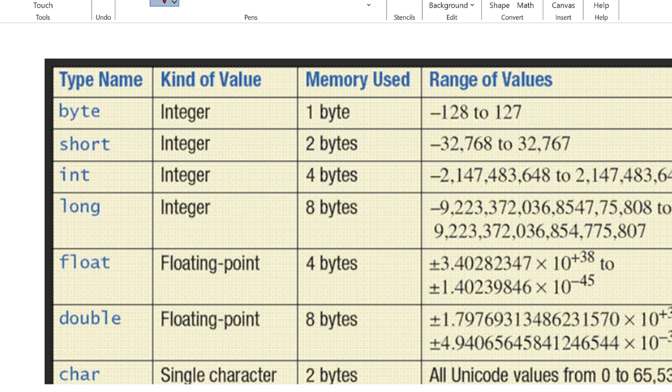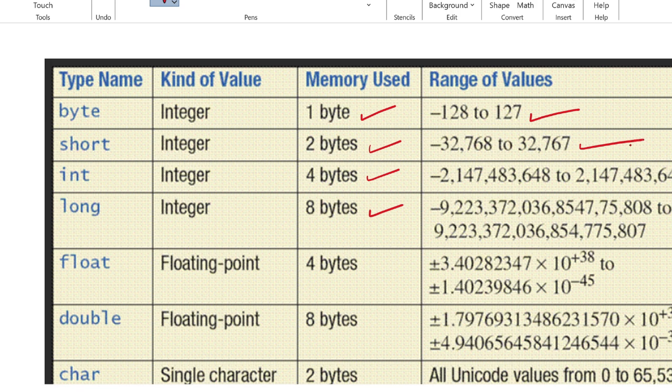There are different types of data types: byte, short, integer, long, float, double, and this depends on the memory they use. Like byte uses 1 byte, short 2 bytes, integer 4 bytes, long 8 bytes, likewise. If you can see, the range of values in which they are stored for byte is -128 to 127.